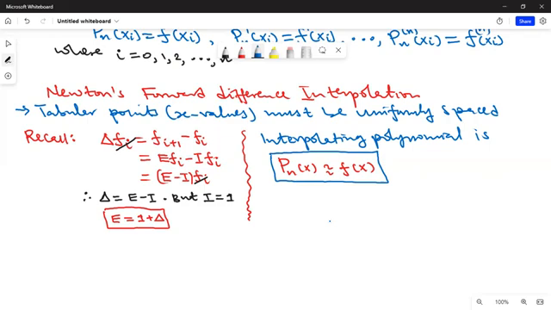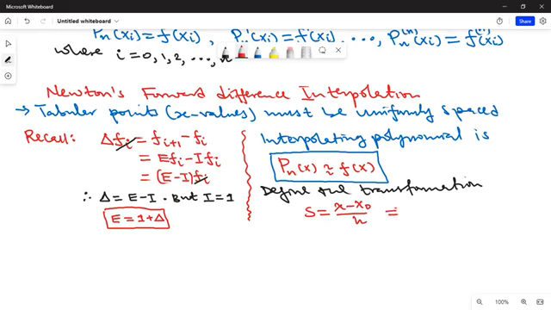We define the transformation as s equals x minus x naught, everything over h.